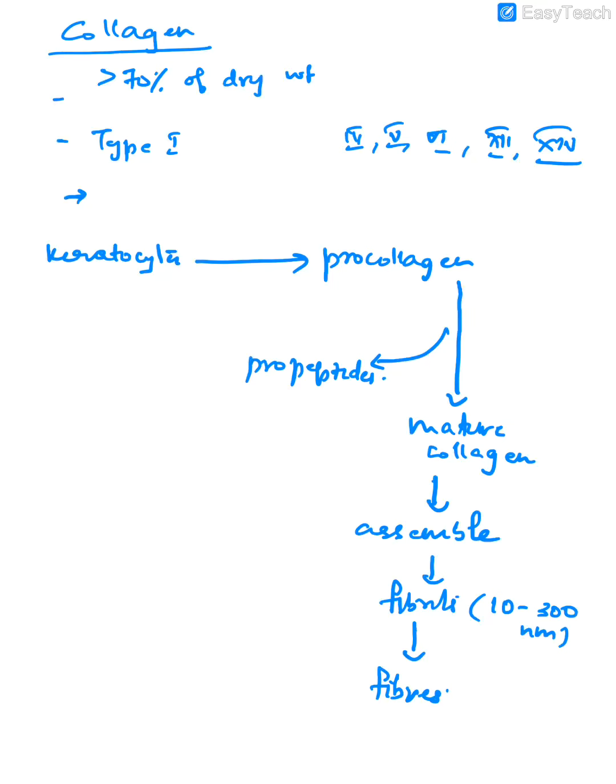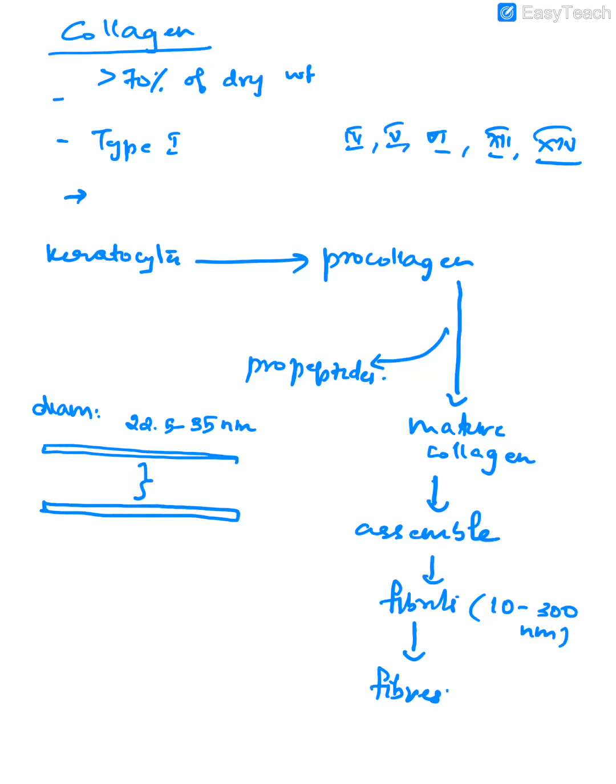The diameter of a fibril is 22.5 to 35 nanometers on average, and the distance between the fibrils is around 41.4 plus or minus 0.5 nanometer, and each fibril has cross striations, and around 300 collagen lamellae are formed from limbus to limbus.